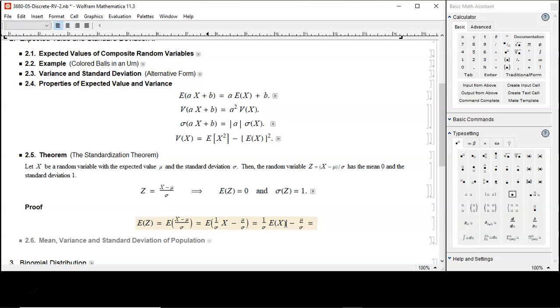And what is this expected value? That's mu. So this is mu over sigma minus another mu over sigma, and that's 0. So we can just use this, and remember the expected value is mu, and then you got it.